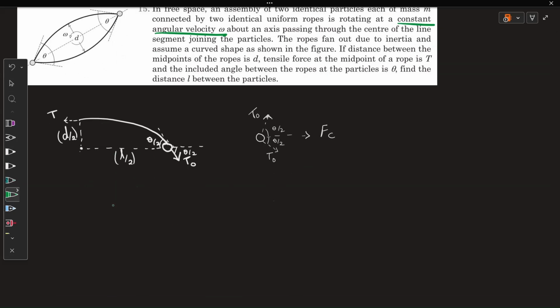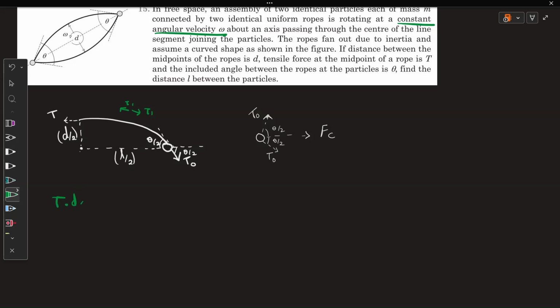The net torque of this system is 0. So the torque due to these tensile forces in between will get compensated. If the tensile force acting here is T1, here also it will be T1. I'm just cutting this part, so I'm considering this quarter. Overall, the torque due to this tensile force is 0.